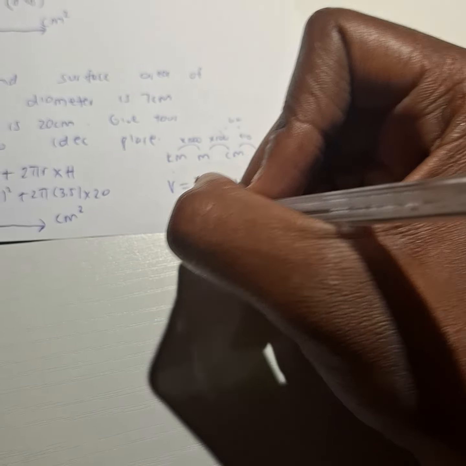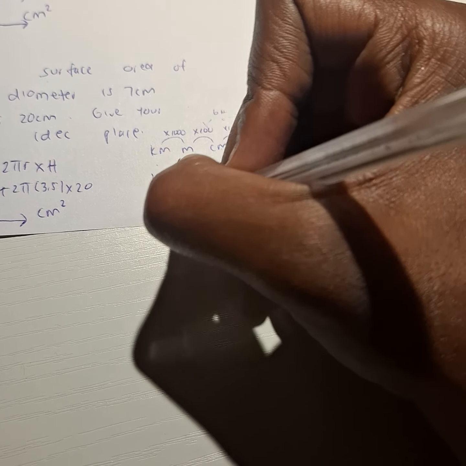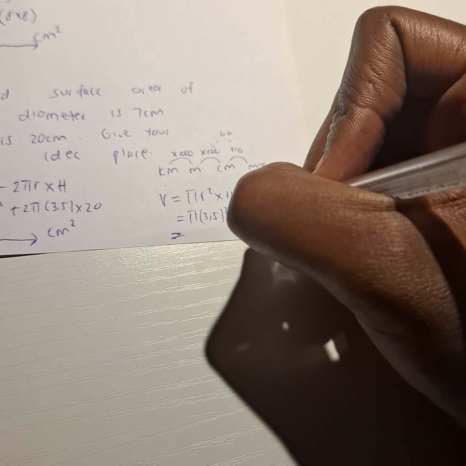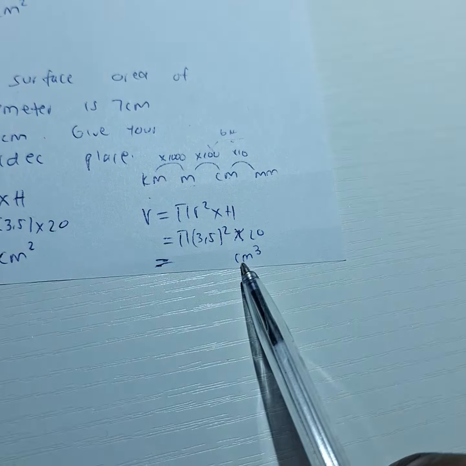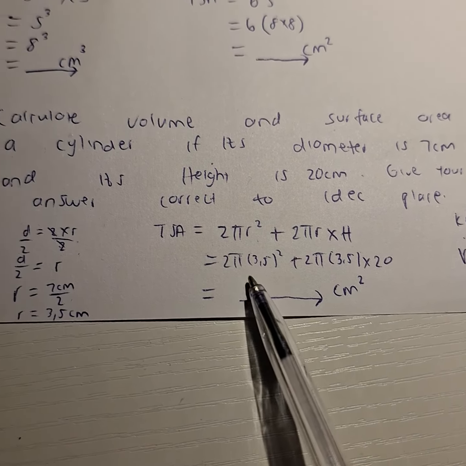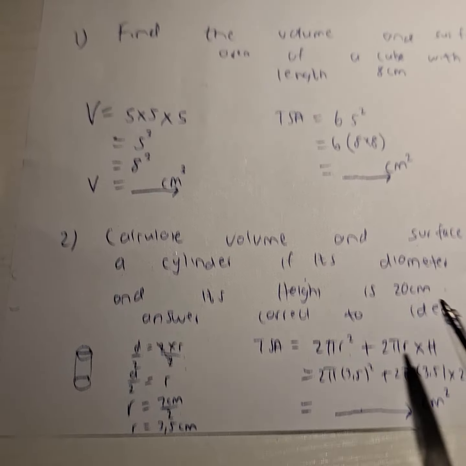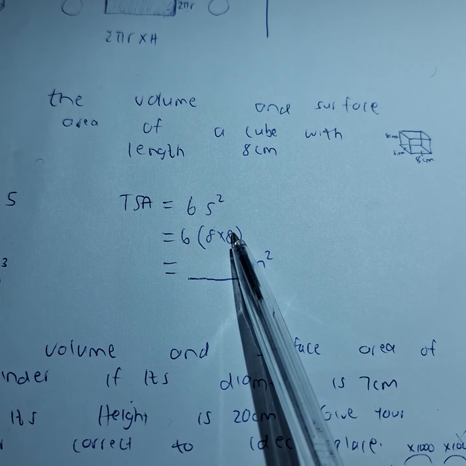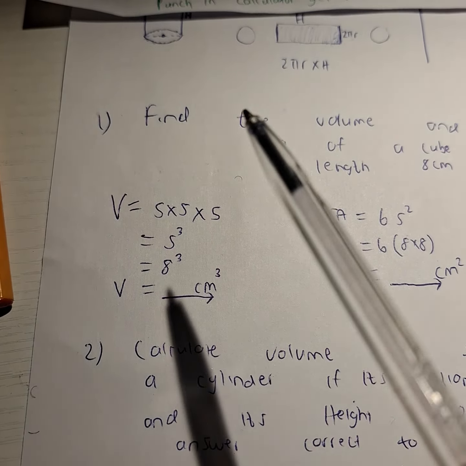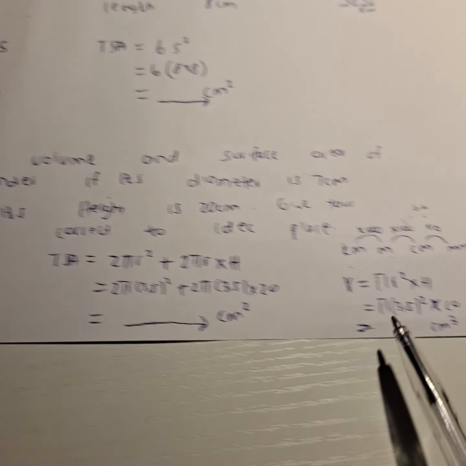Then we use our calculator, we substitute, and we should get an answer. Please, in the comment section, let me know what the volume of the cylinder is, what the total surface area of the cylinder is, what the total surface area of the cube is, and what the volume of the cube is.